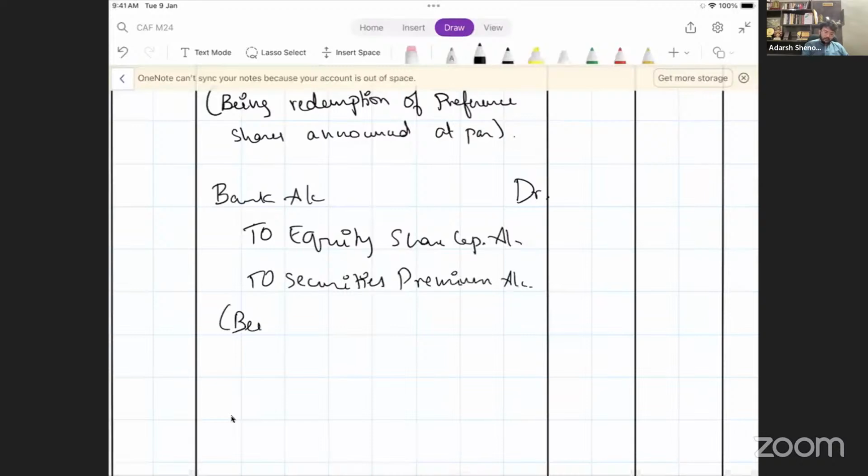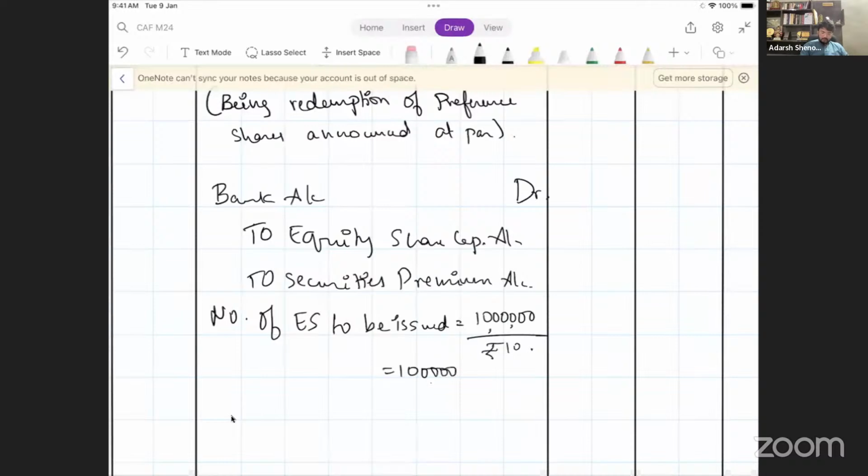Being, first you can write how the amounts come. Number of equity shares to be issued is equal to 10 lakhs divided by rupees 10. Take the face value, not the issue price. So 1 lakh shares.